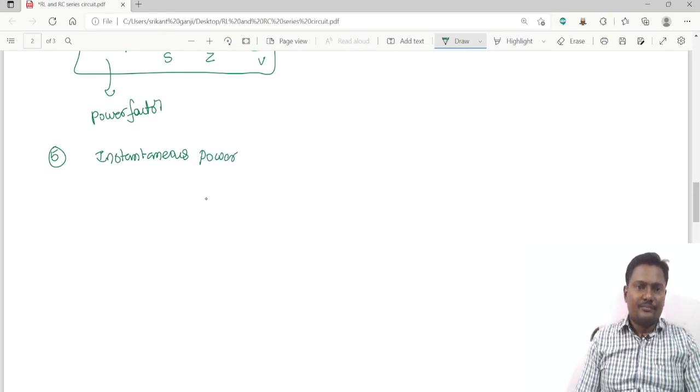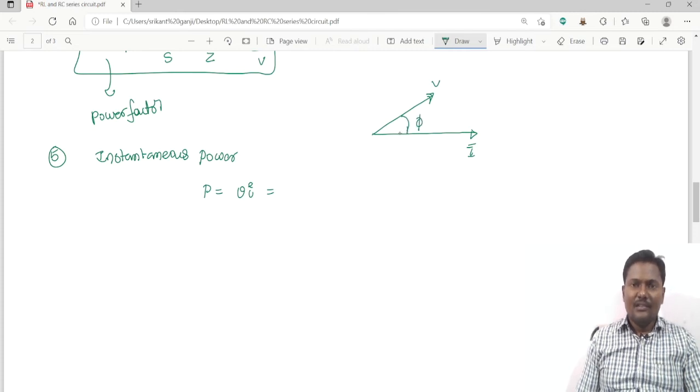Instantaneous power. So power is equal to the instantaneous value of the voltage times the instantaneous value of the current. The voltage is leading the current at an angle of phi. So V is equal to Vm sin omega t.